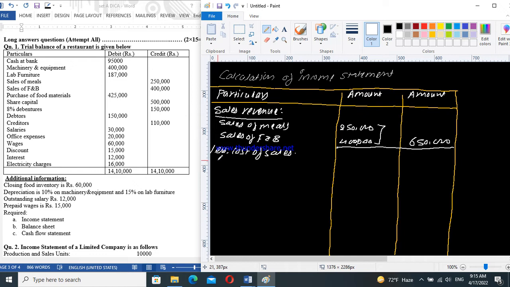Cost of sales, how to calculate it? Opening stock plus purchases minus closing stock.